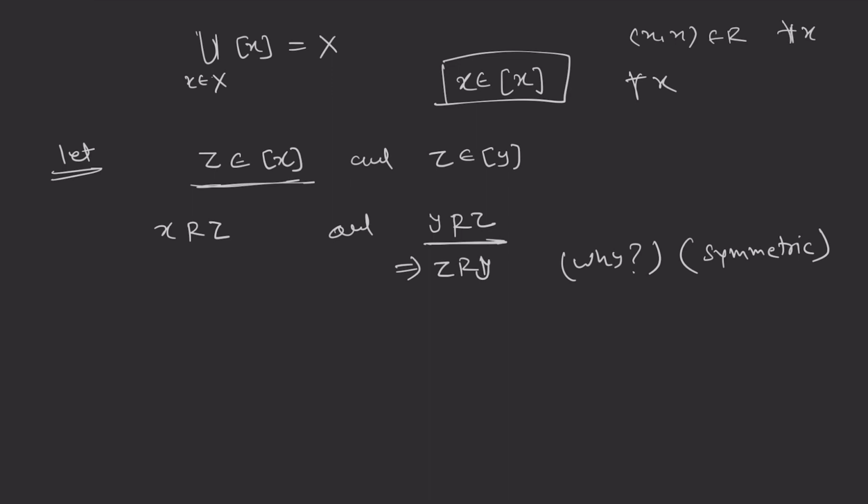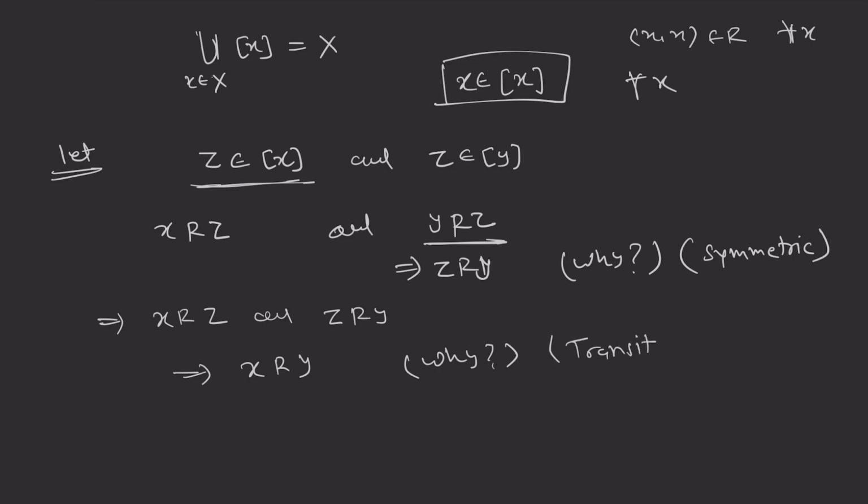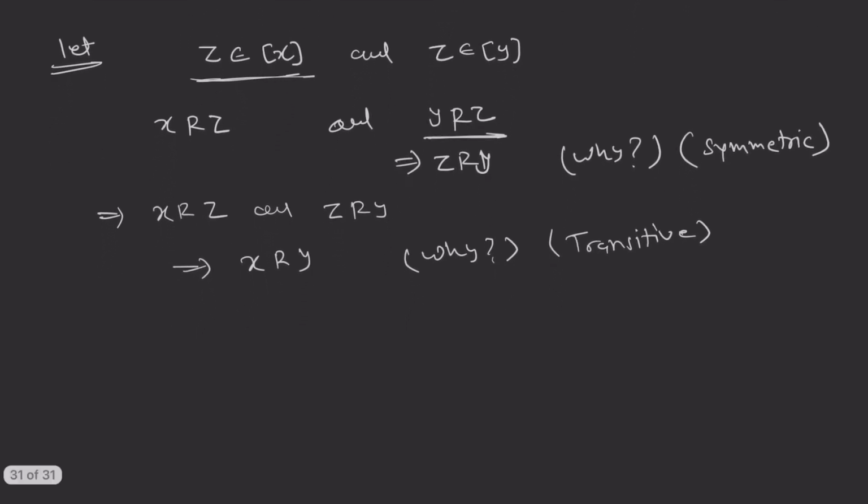Now from here, X is related to Z and Z is related to Y. What does that mean? This means X is related to Y. Why? Because of transitivity. So what is the meaning of X related to Y?